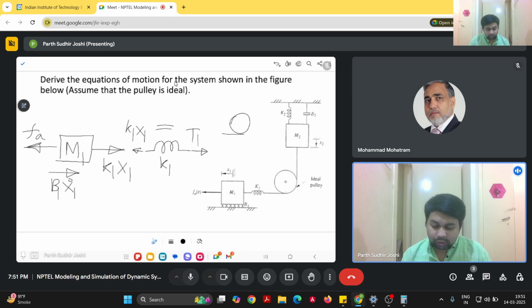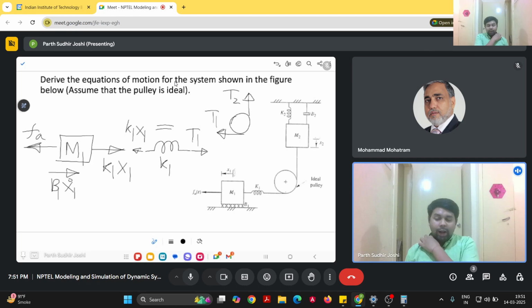Now for the pulley again, we have tensions T1 and T2, let us say, on both ends. Because we have been given that the pulley is ideal, which means it is frictionless and massless, T1 and T2 will be equal.